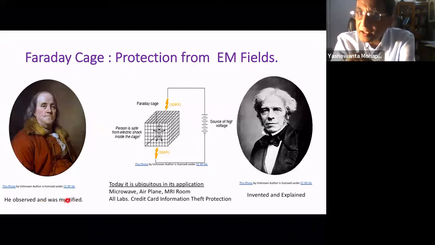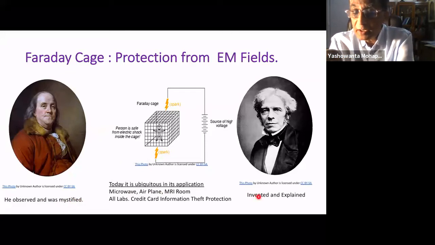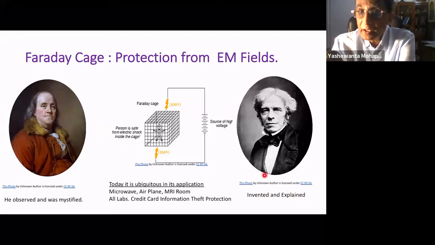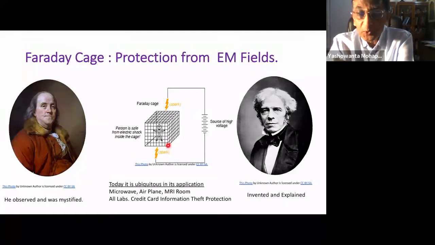In his letters, he writes to people, I've observed this but I just can't explain. And it was indeed explained by Michael Faraday, in his genius, to the extent that so much was his belief that he put himself at very high voltage inside a room which was a metal covering, and he could trust the fact that he would not get electrocuted because all the charges would be outside, or it was grounded, and hence it would not matter.